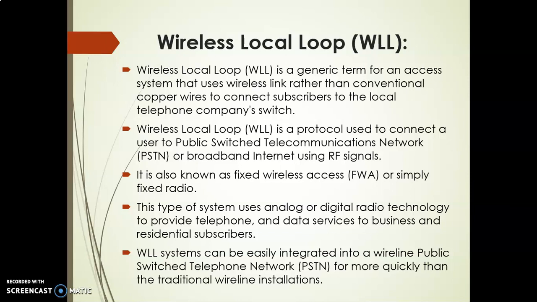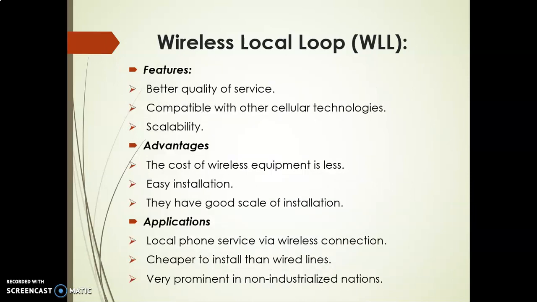WLL systems can be easily integrated to the wireline public switch telephone network far more quickly than the traditional wireline installation. That means because it is wireless connection, it is installed more quickly than the wireline installation. That means installation of this WLL is easy.